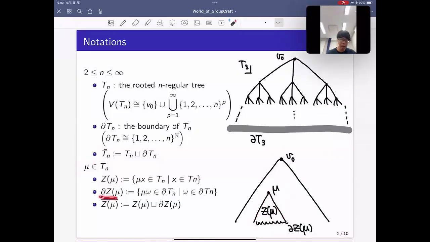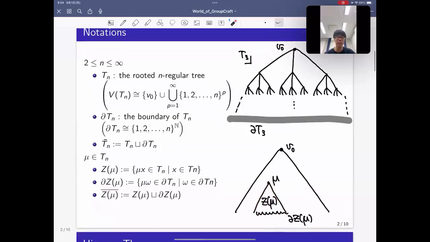And ∂Zμ denotes the corresponding set in the boundary of the tree. Actually, this is a closed set of the boundary. And finally, Z̄μ denotes the compactification of Zμ, right? Okay, this is the notation.